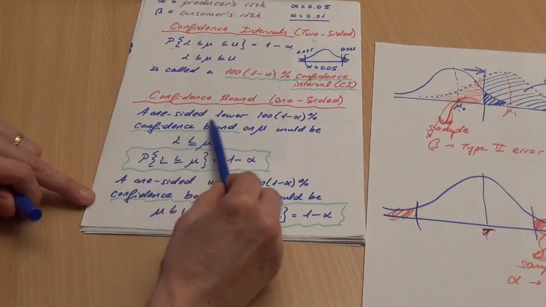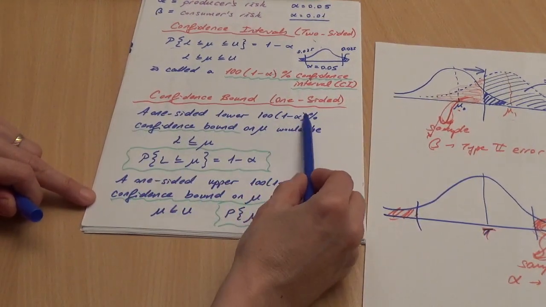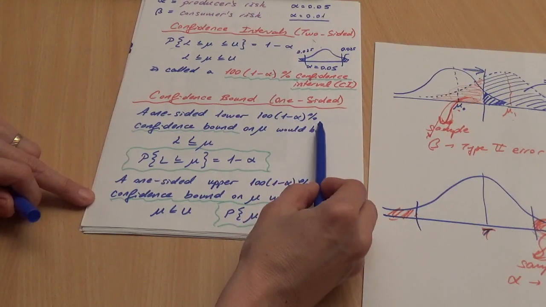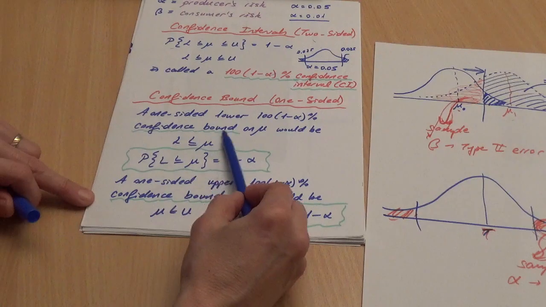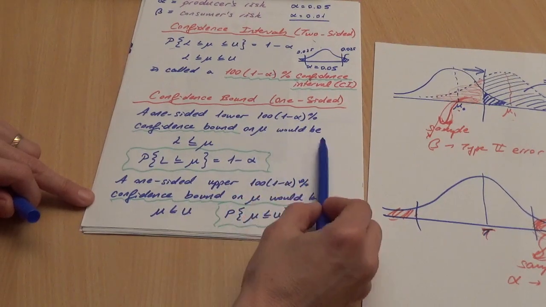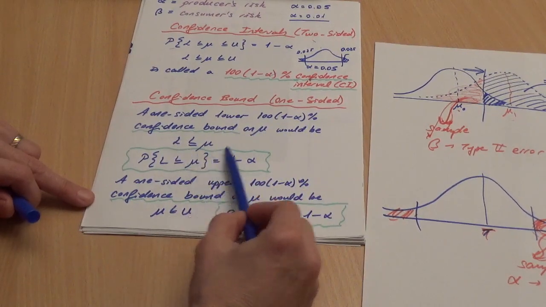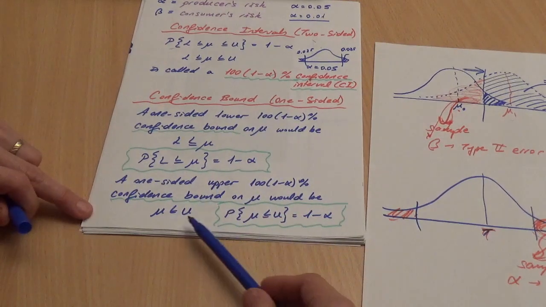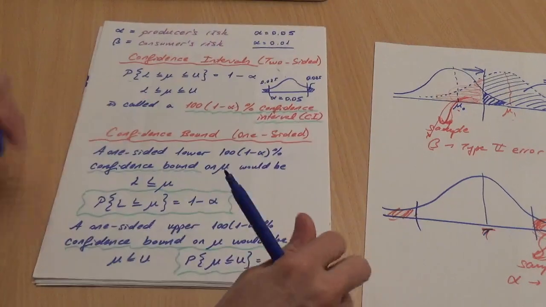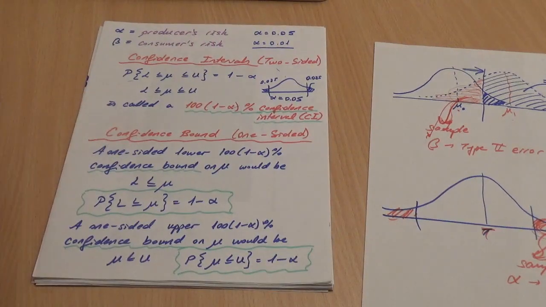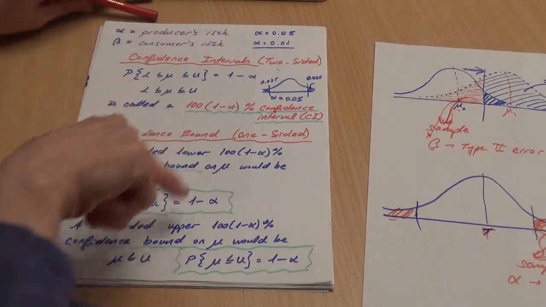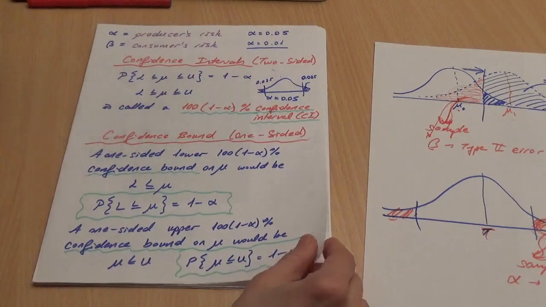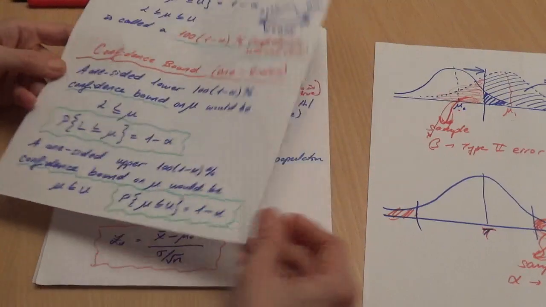A one-sided lower 100 times 1 minus alpha percent confidence bound on the mean mu would be shown like this, and it will be 1 minus alpha. Again, the other part, 1 minus alpha. As we solve the problems, we will try to see the differences between the two-sided and one-sided calculations.